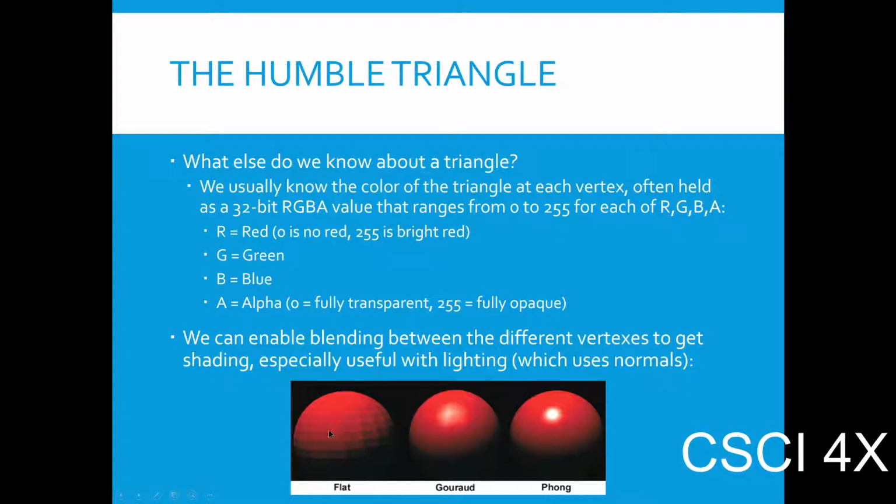It's faster. Like flat is obviously faster than Gouraud, which is faster than Phong shading. But CPUs or GPUs are so fast these days. There's no reason not to use the best quality. And if you want to get into lighting, like lighting is like, oof, that is a complicated topic, because light bounces off objects, right?